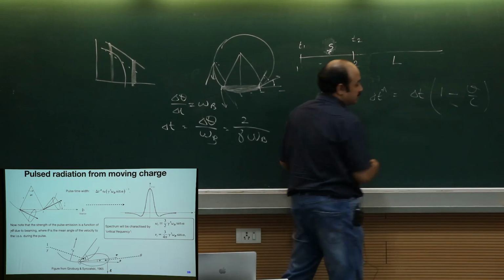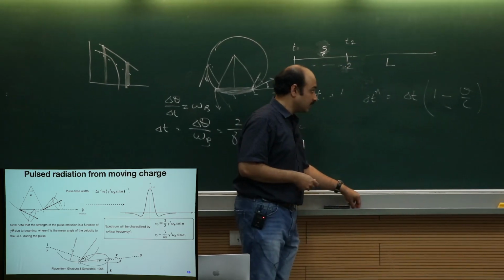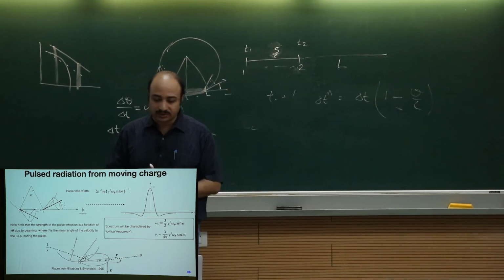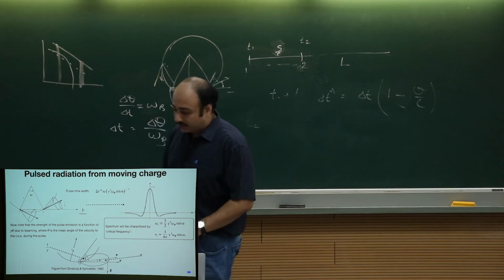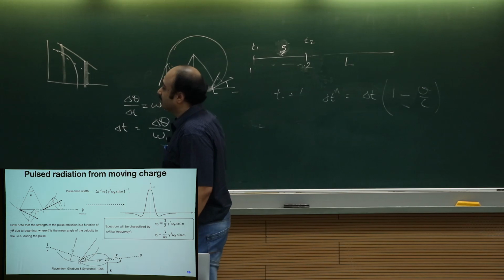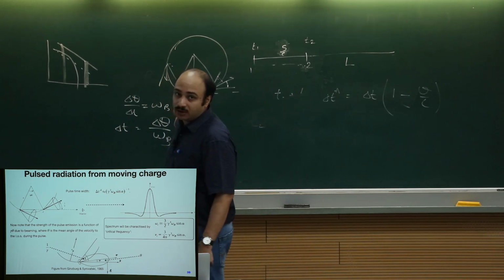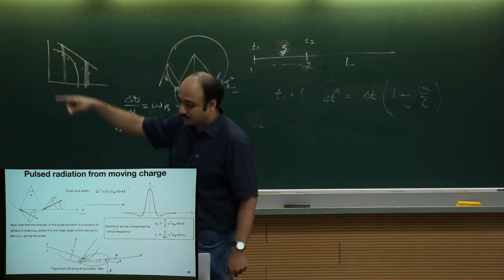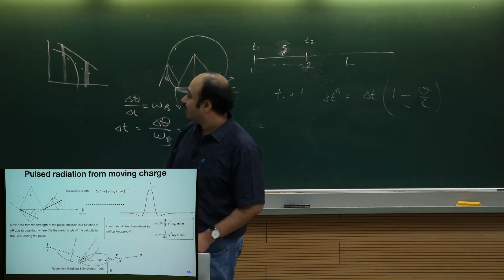But delta T arrival is delta T interval between these 2 times, 1 minus V by C. It's actually a Doppler formula. You can approximate this in terms of gamma for a large value of gamma. And then you get the additional gamma cube there. So we already have 1 gamma here. This will give you 1 by gamma square. And that is what you get as 1 by gamma cube.